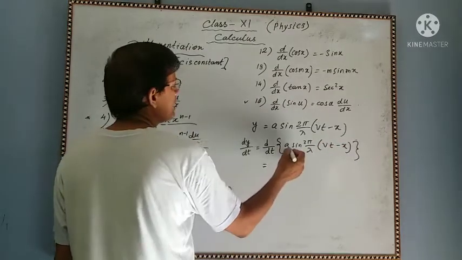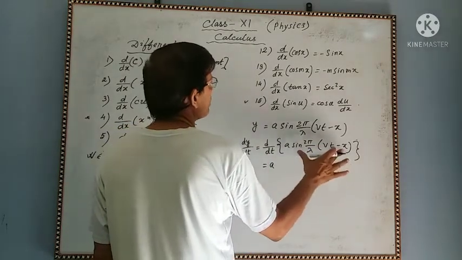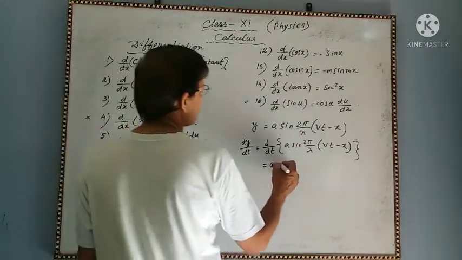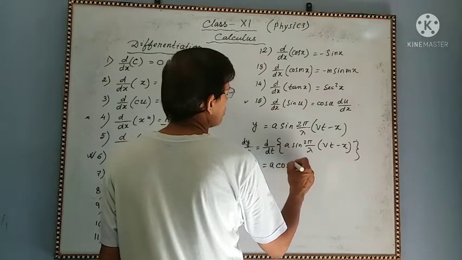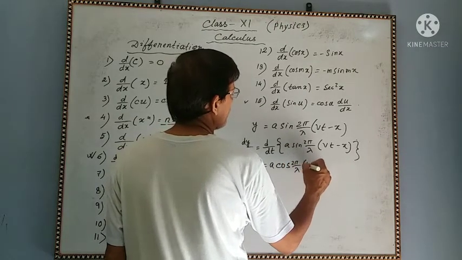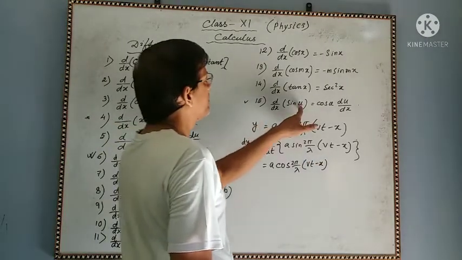So a is taken constant, a coming out, and differentiation of sin x is cos x. So this is cos 2 pi by lambda (Vt minus x). Then again you have to differentiate this.